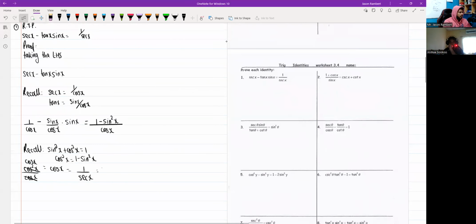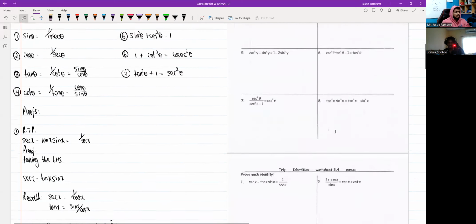It's equal to the right-hand side, quod erat demonstrandum. Any questions on that? Good to go? Yeah, with practice. Yep, with practice.